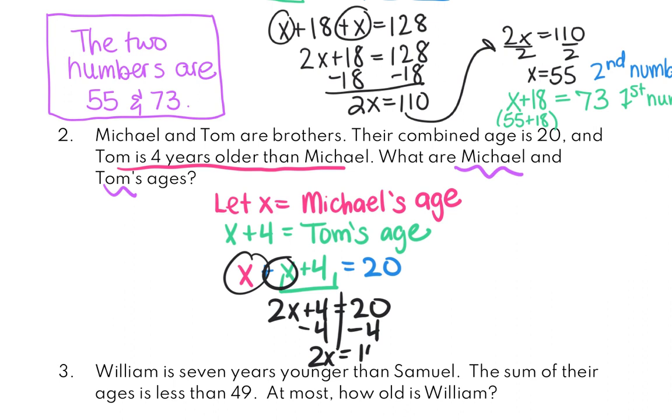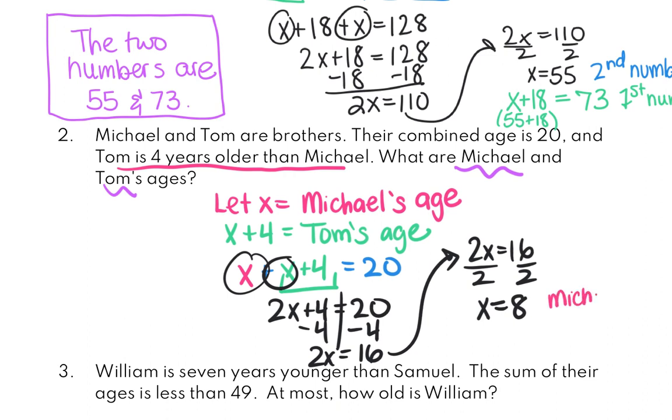That's going to give me 2x equals 16. Divide by 2 on both sides, I get x is equal to 8. x was Michael's age. Now I need to know Tom's age, x plus 4, so 8 plus 4 gives me 12, and that's Tom's age.